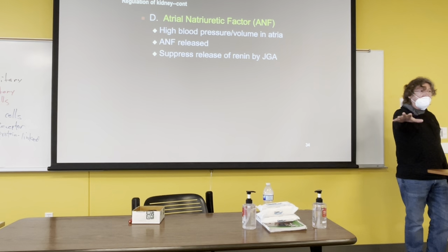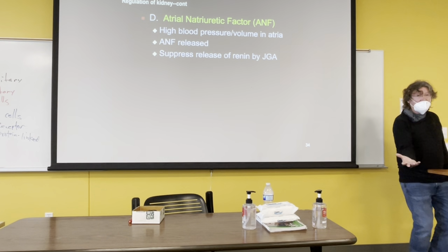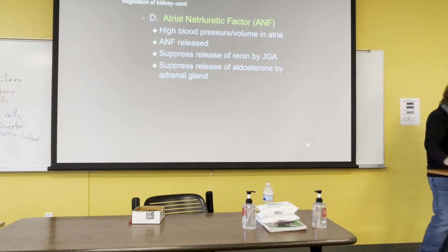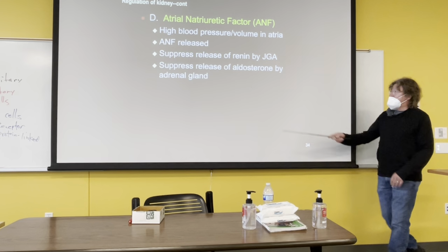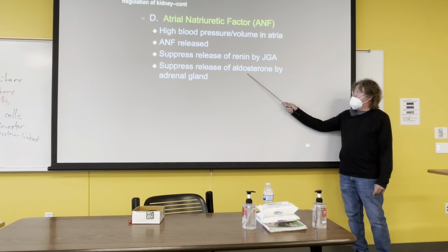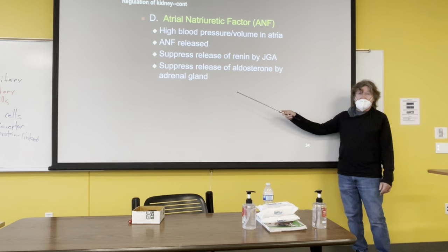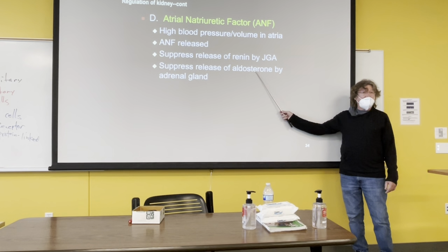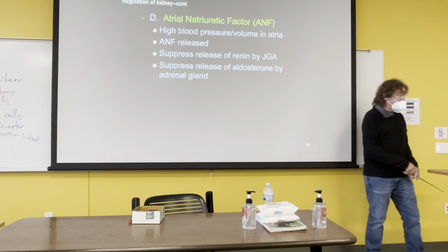Okay, at least lowering the RAS system's reaction, which is to retain water. Okay, and another target here is that it also suppresses release of aldosterone by the adrenal gland. This is also part of the RAS system.